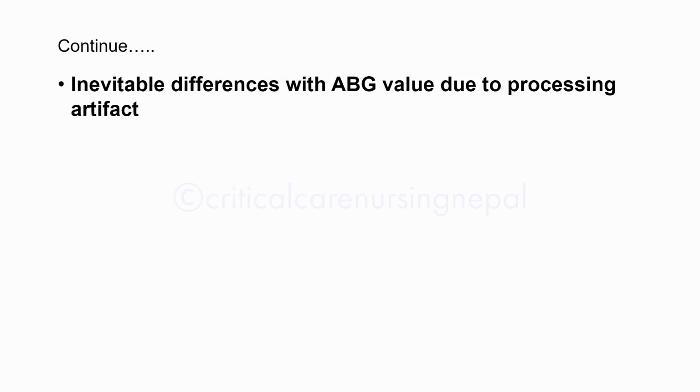another point is that there are inevitable differences with ABG values due to processing artifact. Even under ideal conditions, the SpO2 from pulse oximetry will never match the SaO2 measured by an ABG.